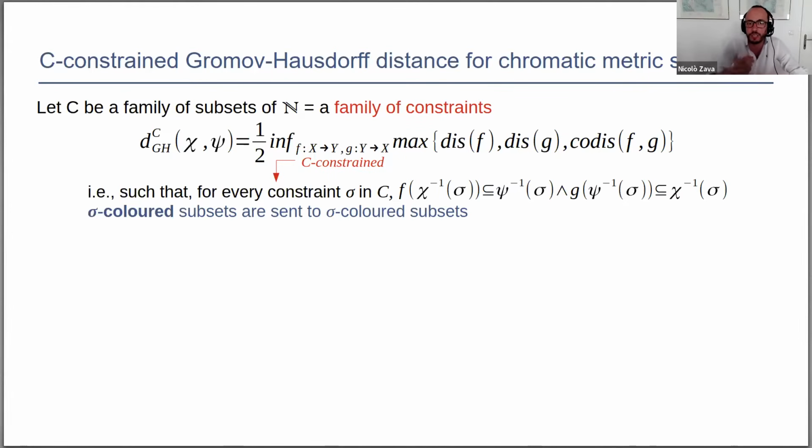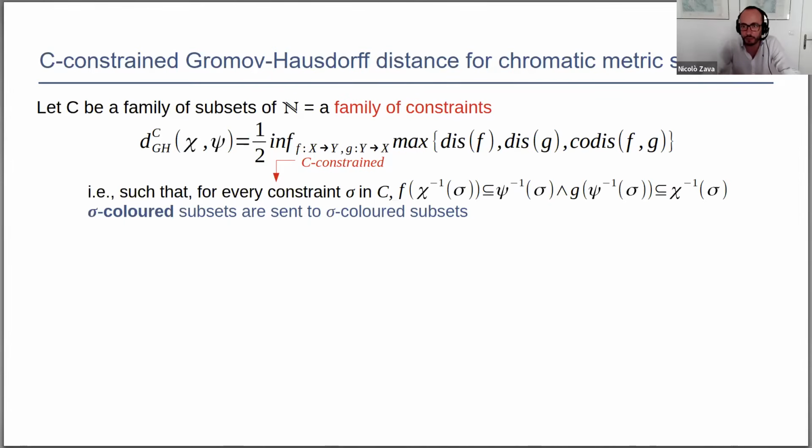And you force your maps to be C-constrained, which means that they respect those combinations of colors. Sigma-colored subsets are sent to sigma-colored subsets. By sigma-colored subset, I mean the subset of points that are colored with colors in sigma.